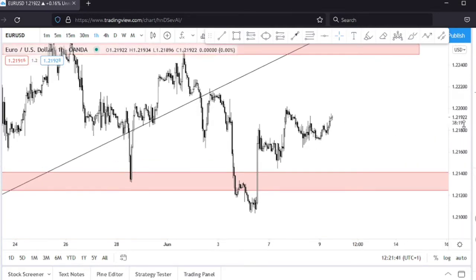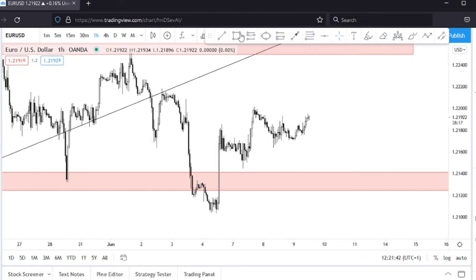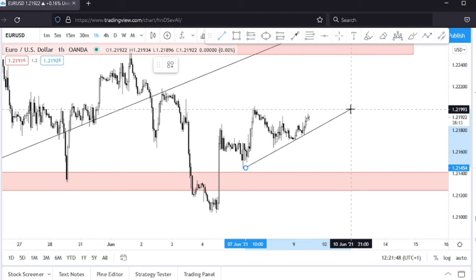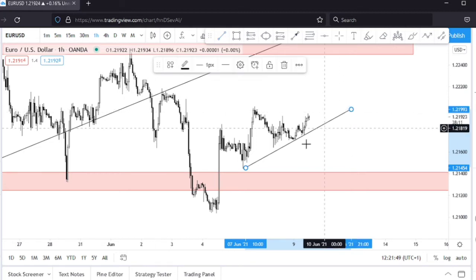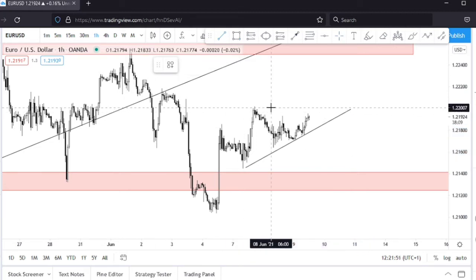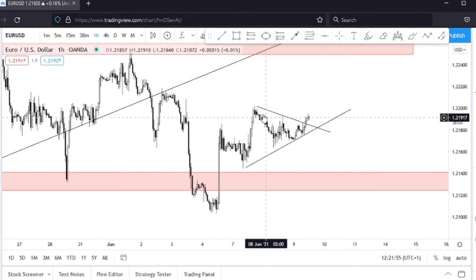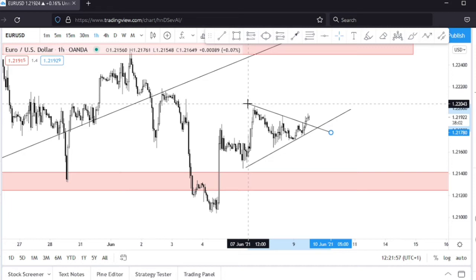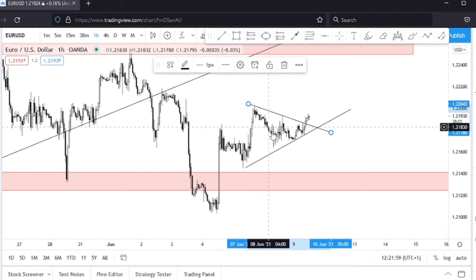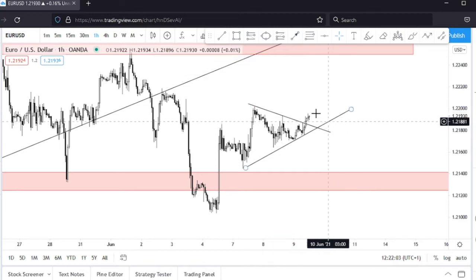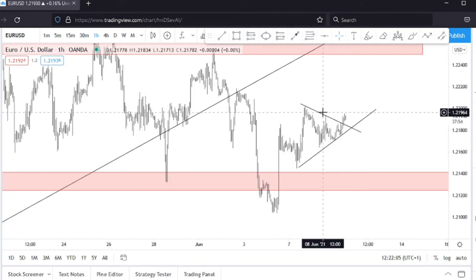On the 1-hour time frame, you can easily just draw this line over here, and you can see that price formed this triangular structure, and finally broke this structure.